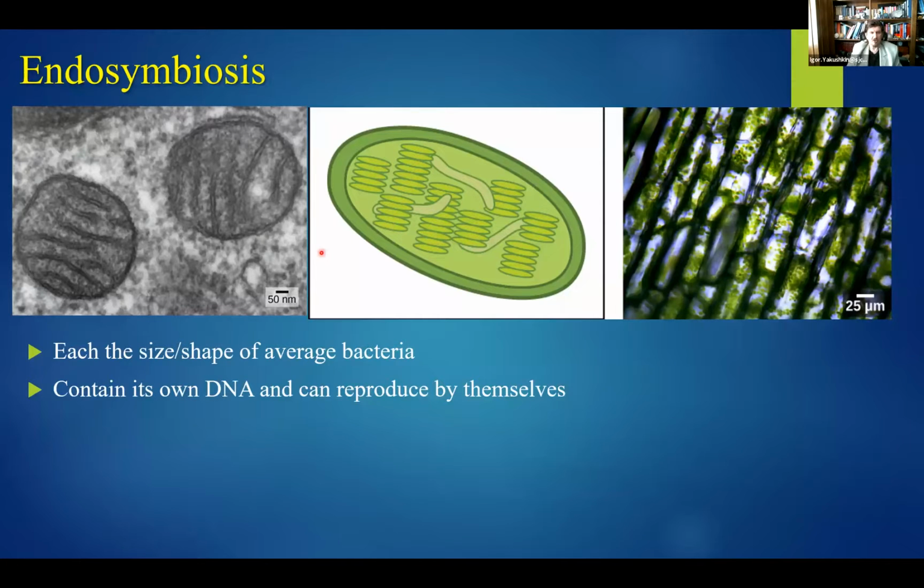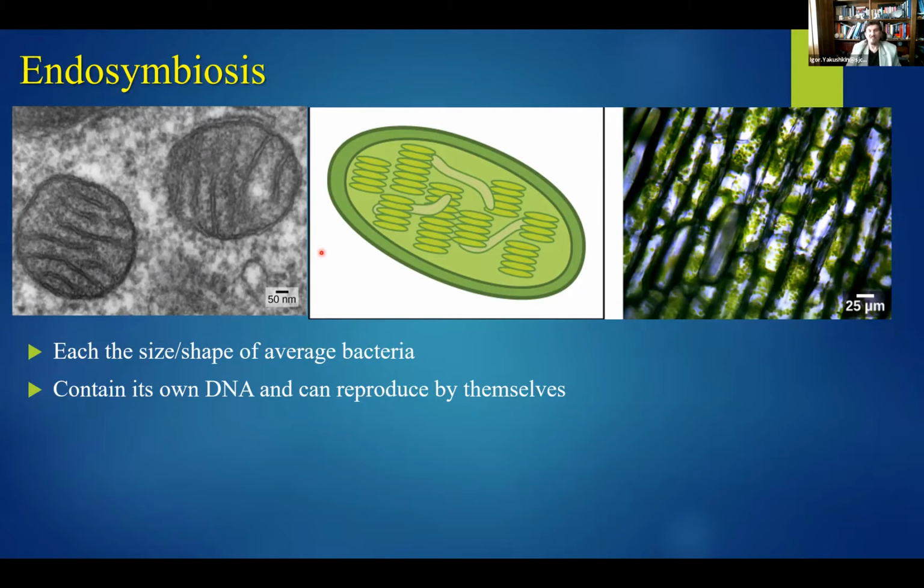Last lab, we talked a little bit about the endosymbiotic theory. The theory suggests that there are at least 2 organelles, mitochondria on the left and the chloroplast, which probably were engulfed by the cell a long time ago, about 1 billion or so, maybe 1.5 billion, up to 2 billion years ago.